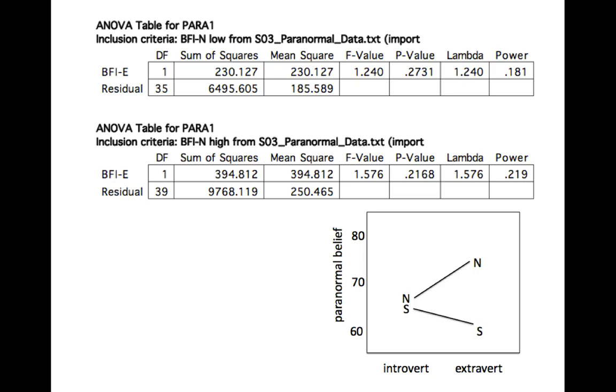So that's what that is telling us. Now there are other comparisons to make, and what we need to take a look at is when the inclusion criteria is for the two levels of extroversion, and that's in the next slide.